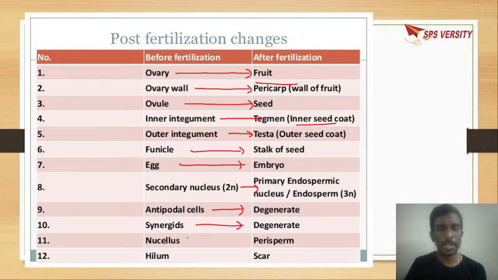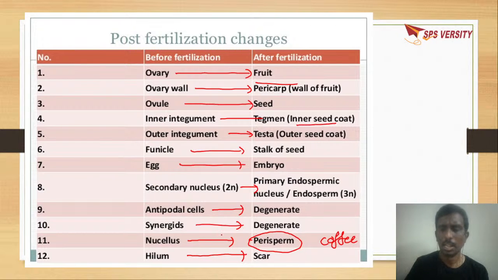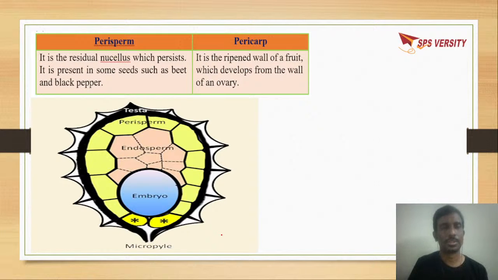Nucellus is also completely used, but in some plants it is left out even after fertilization, like coffee seeds. In coffee seeds, the left out nucellus is called perisperm, and the hilum is like a scab. So these are the changes which take place after fertilization. These are called post-fertilization changes.